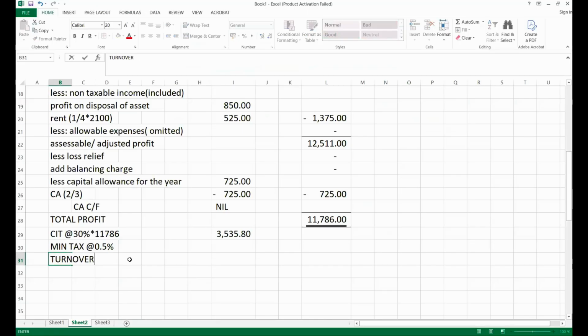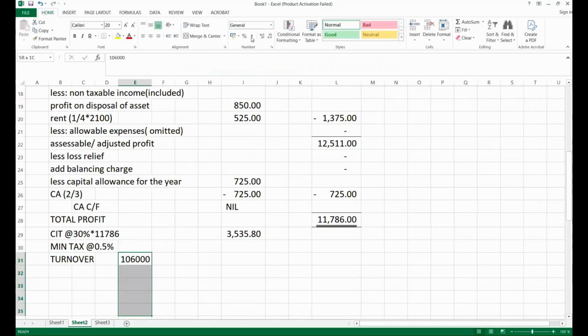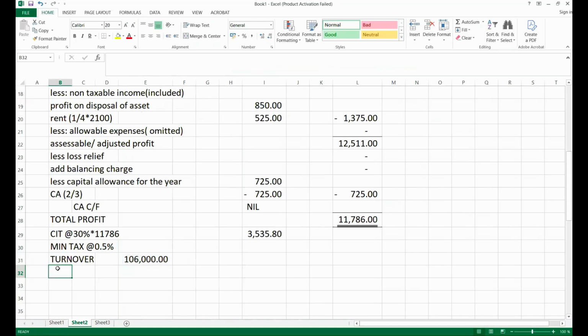So let me analyze it. Our turnover is 106,000, plus other income, which is 2,750, less non-taxable income.